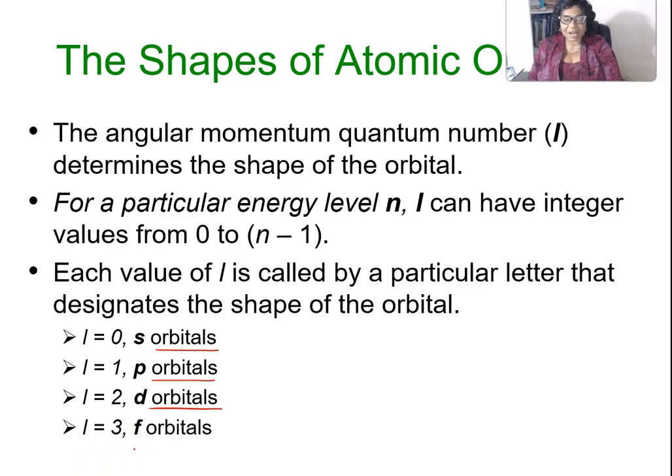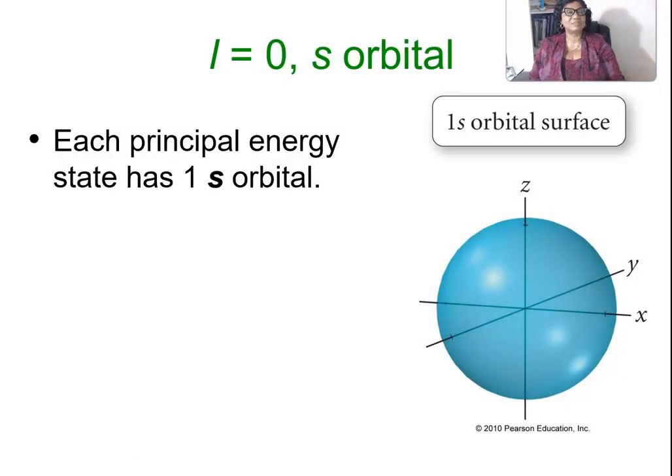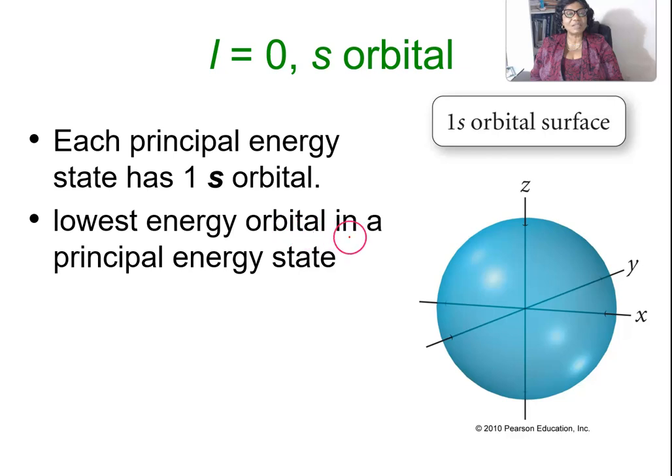So let's look at how s orbitals look. As we said, s orbitals are spherical in shape. Each principal energy level state has one s orbital, and all of them are spherical in shape.